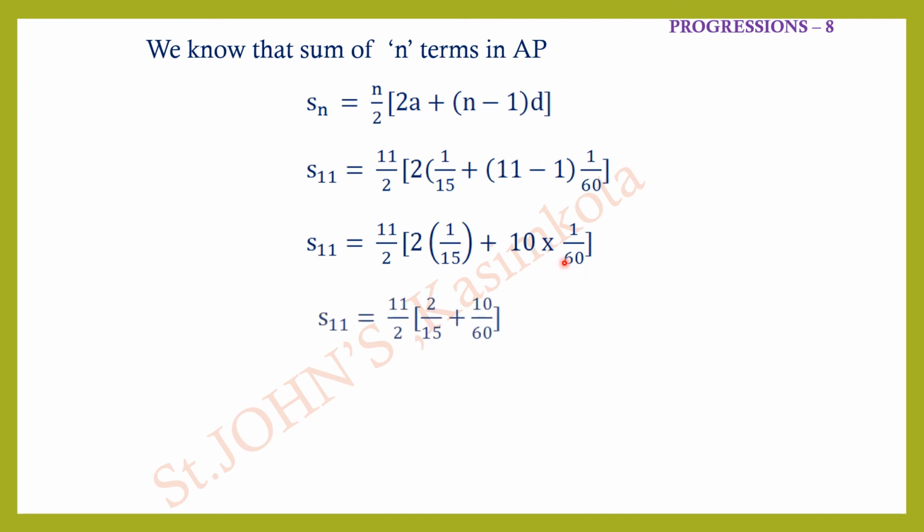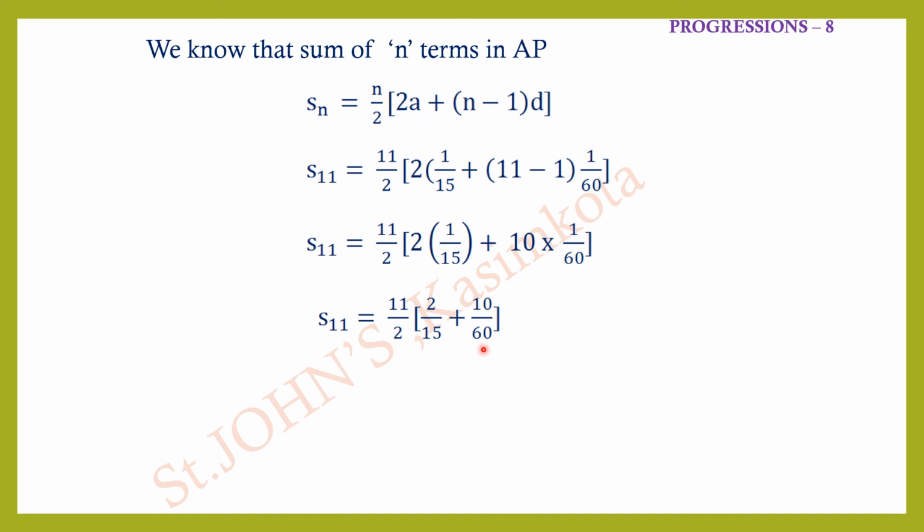Ready for the next process. The sum of 11 terms equals 11 by 2 into 2 by 15 plus 10 by 60. Again, you have to find the LCM of 15 and 60. What is the LCM of 15 and 60?